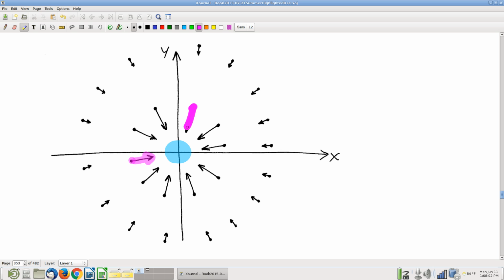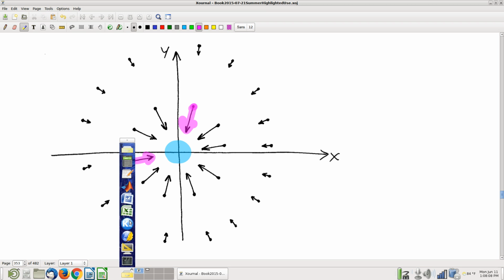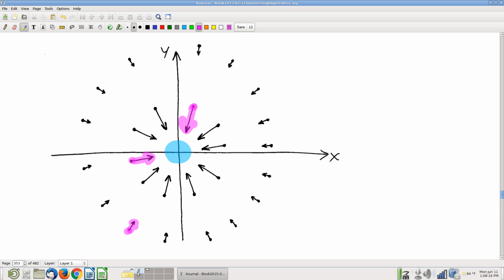The force points in a different direction. If you're further away, then the magnitude is smaller. But the point is, different points, there are different corresponding forces.